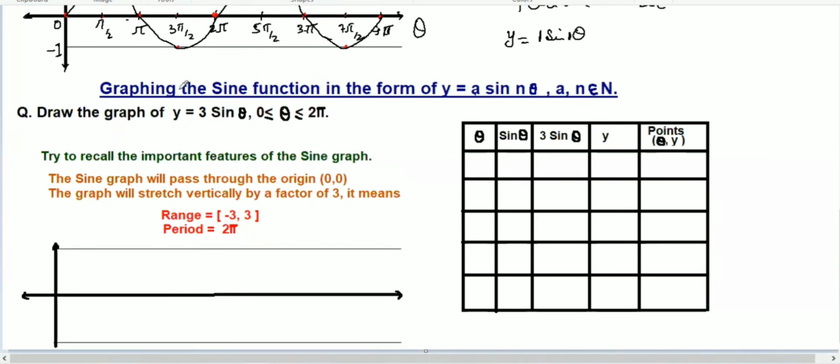And based on this topic, here is the question. Draw the graph of y equal to 3 sine theta, and the domain is given as 0 to 2 pi. These are the domains. So that's why here it is just mentioned that 0 to 2 pi is the domain.